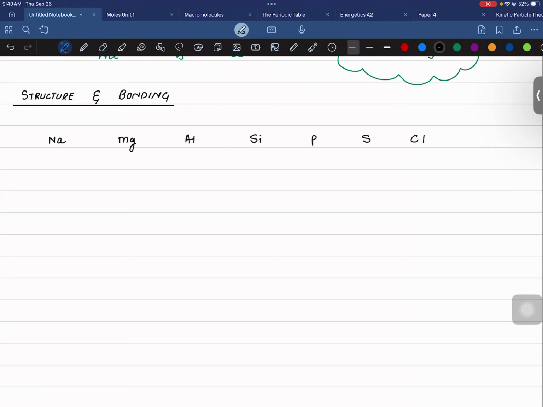What would be the structure and bonding of sodium, magnesium, chlorine, silicon, and phosphorus? Can you tell me this?